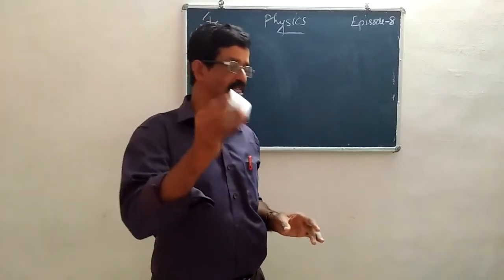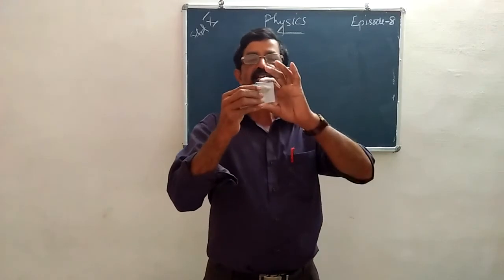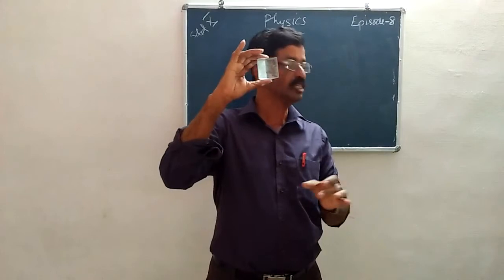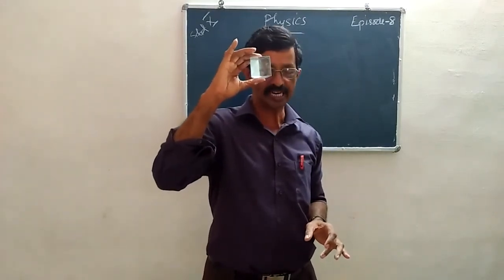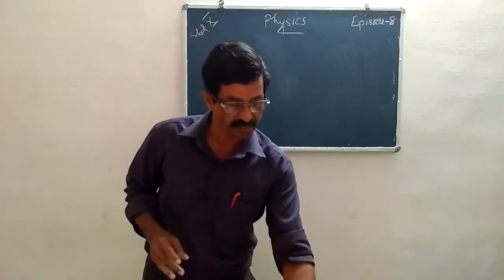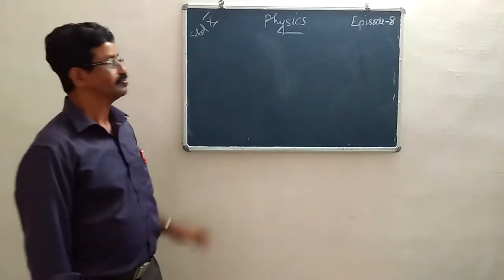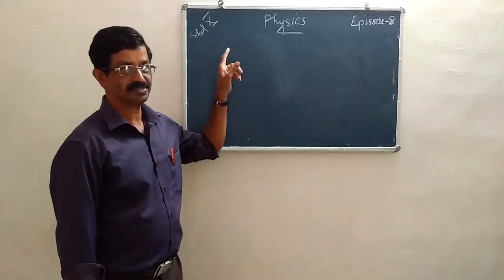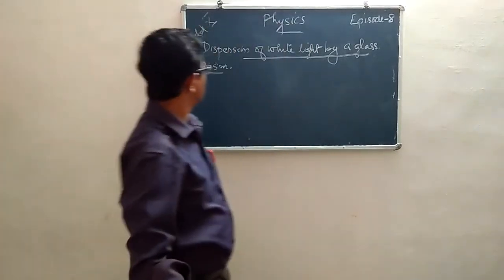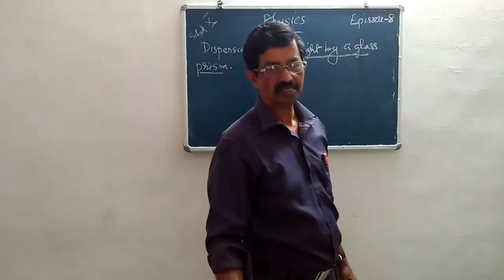You want to keep this triangular glass prism in order to get a narrow beam of light, such as sunlight, to fall on one of its sides. Then we discussed how a glass prism refracts light rays.